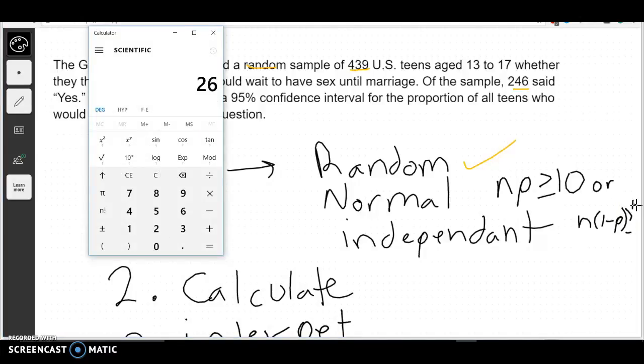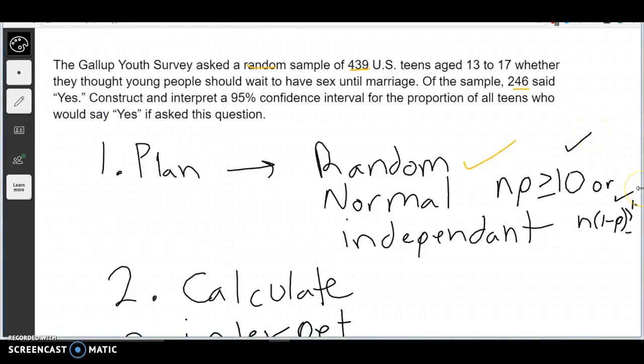We have 246 divided by 439, so about 56%, times my sample size, which was 439, easily big enough, and then the other side would be like 44%, so 0.44 times 439. Good, they're both above 10, so we're good. Checks out, checks out. So now we can actually calculate a confidence interval.